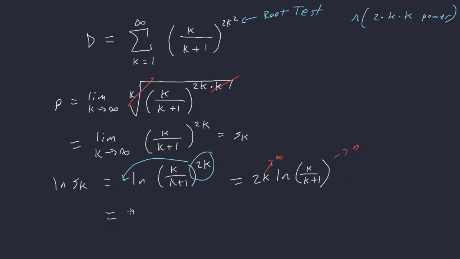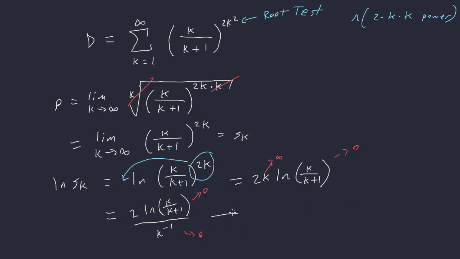So I'll have 2 times the natural log of k over k plus 1, all over k to the negative 1. And before I do L'Hopital's rule, just to verify, this will go to 0, and now this will go to 0. So we can use L'Hopital's rule.